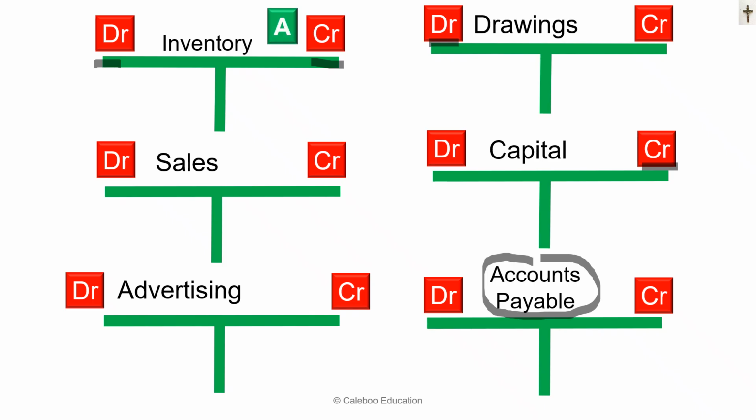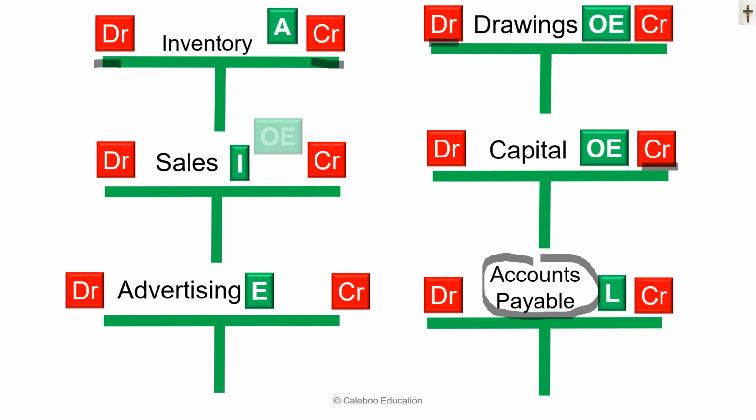Right, inventory, current asset, sales, income, advertising, expense. Drawings, decreases owner's equity. Capital, it affects owner's equity. Accounts payable is a liability.